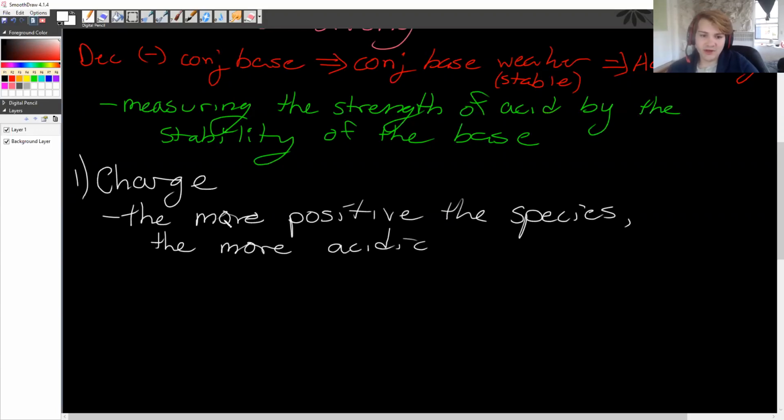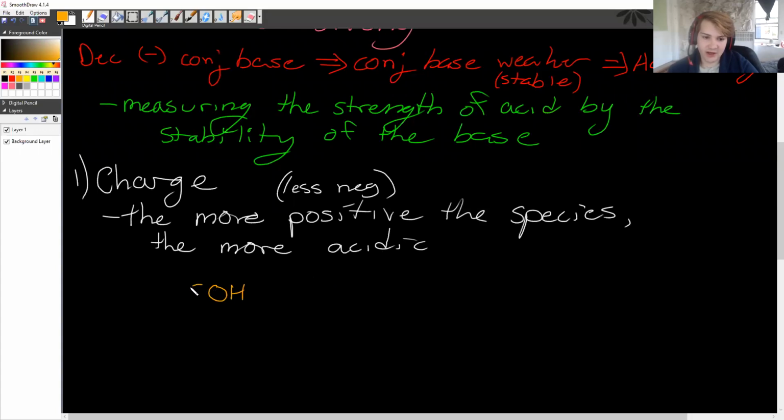And so by saying more positive is the same thing as saying less negative. So once again, that plays back to the idea of less negative charge on the conjugate base, more stable, stronger acid. And we can see this with a couple of examples.